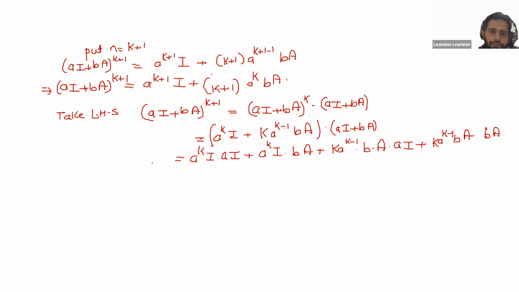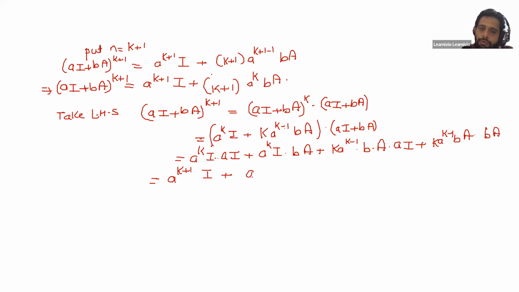Okay, now solve it. Here we have a to the power k into a, so this becomes a to the power k plus 1. Always remember, if you multiply the identity matrix with any matrix, you will get the same matrix. Here we have I into I, so this will always give you I.